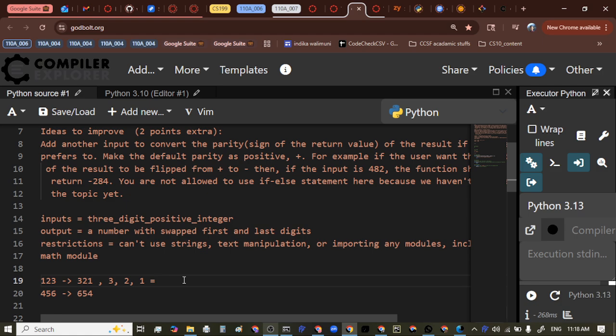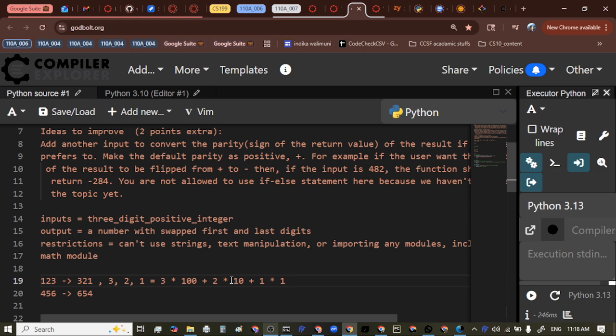So here's the answer. It should be 3 times 100 plus 2 times 10 plus 1 times 1, which is 1.